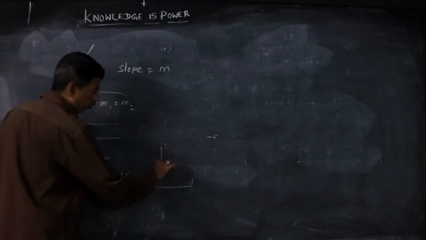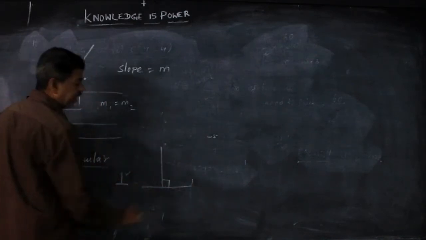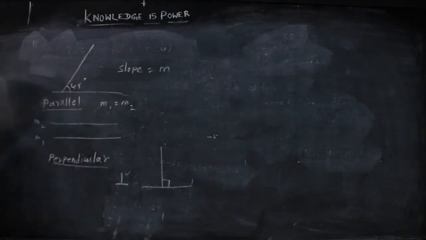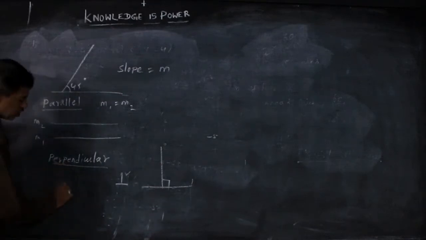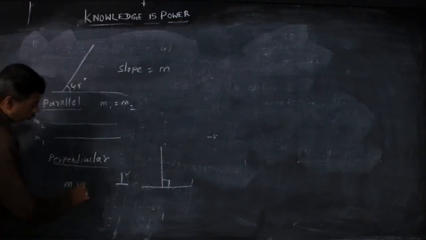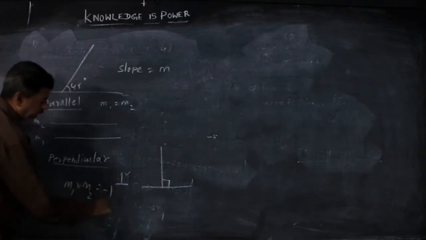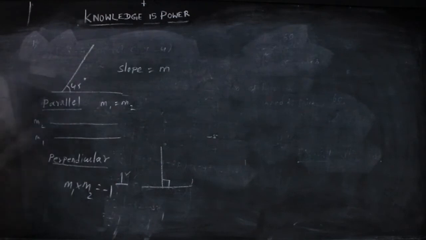If I put the line at 90 degree, the slope is 90 degree when the line is perpendicular. For that condition, M1 into M2 equal to minus 1. So these are the situations we have to recall.